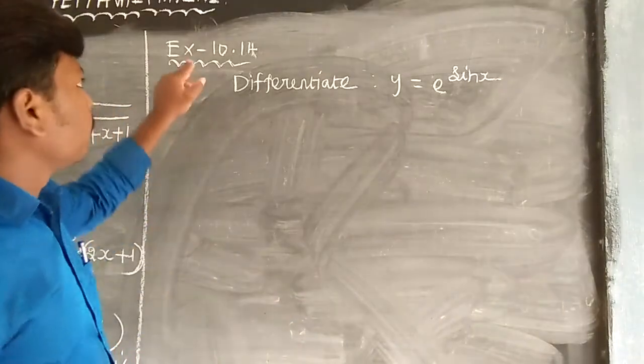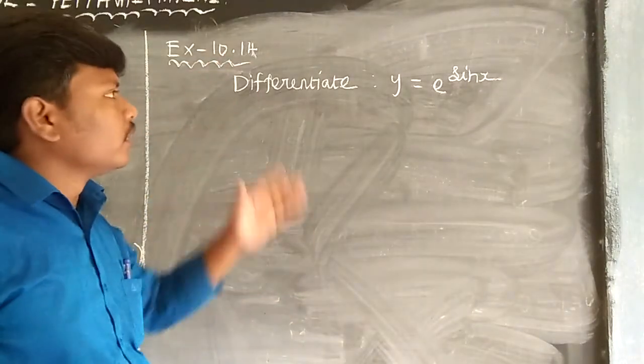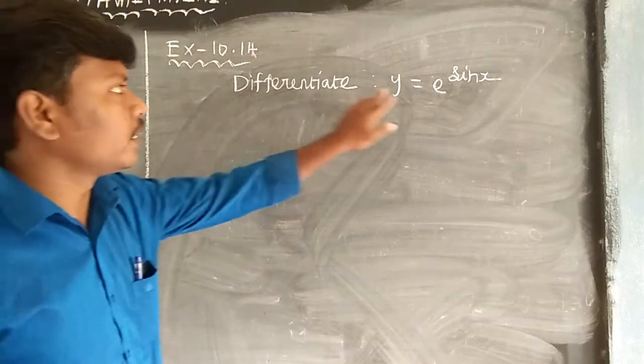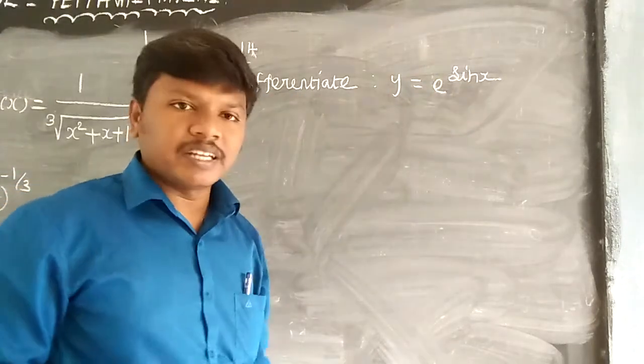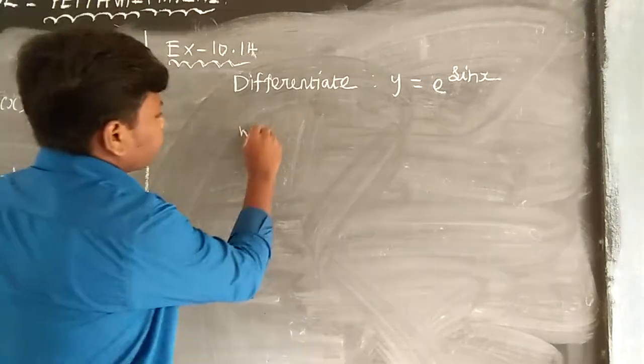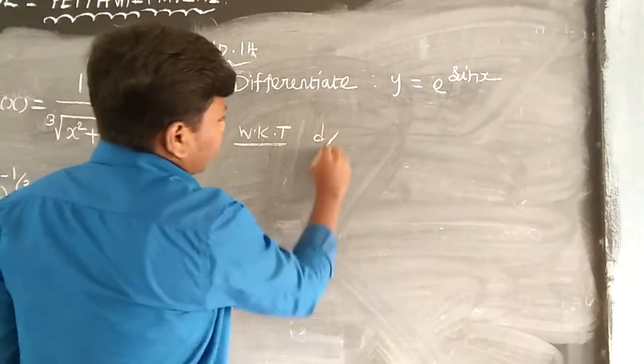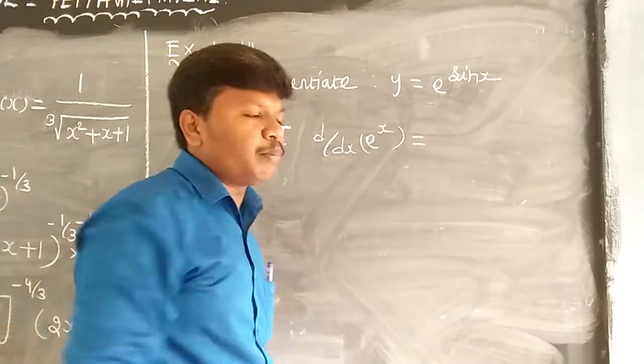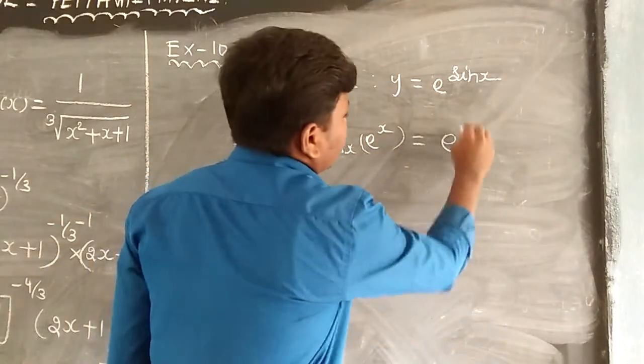Okay, the next problem, example 10.14, a very easy problem. The problem is: differentiate y is equal to e power sin x. We know that d by dx of e power x, if you differentiate e power x, you get e power x.